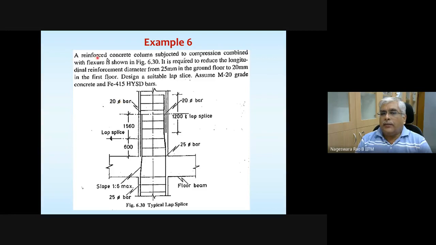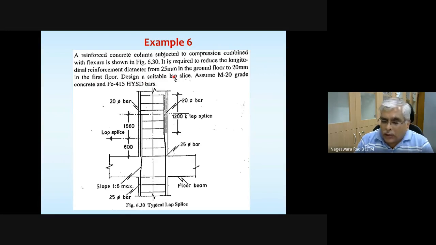Okay, a reinforced column subjected to compression combined with flexure is shown here. It is required to reduce the longitudinal reinforcement bar from 25 mm diameter in the ground floor to 20 mm in the first floor. Design suitable lap splice.